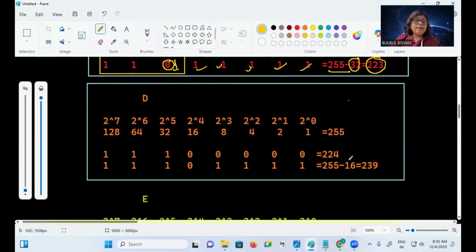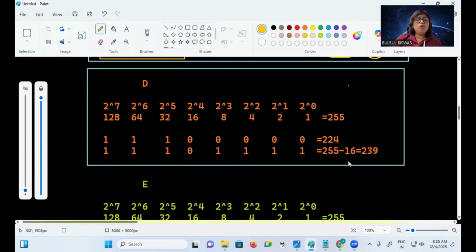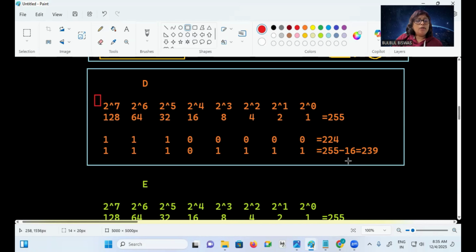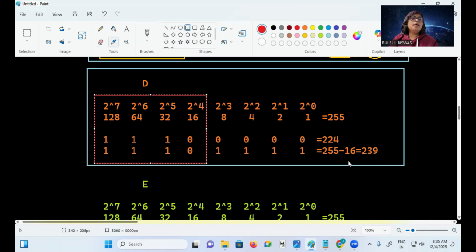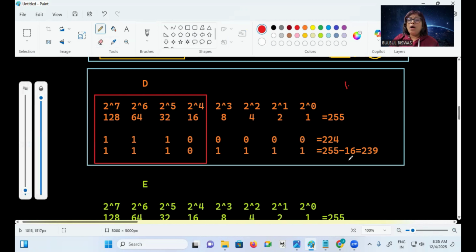Now come to class D. If you come to class D, what has IANA told? IANA has told that for class D, the first 4 bits will be reserved as 1, 1, 1, 0. Now look carefully. Every octet starts with 0, but IANA has told that these 4 bits will always remain as 1, 1, 1, 0.